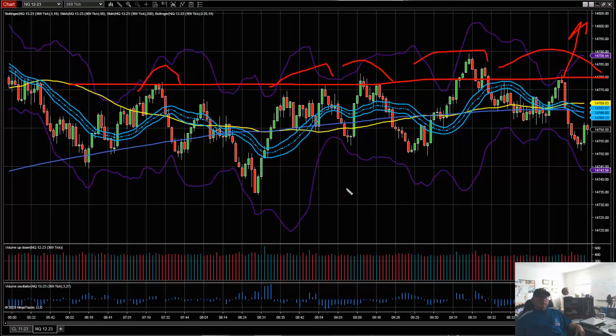Look how quick that market's moving right now. Can't see it off screen. I've got my, it's going nuts. But it went here and down.